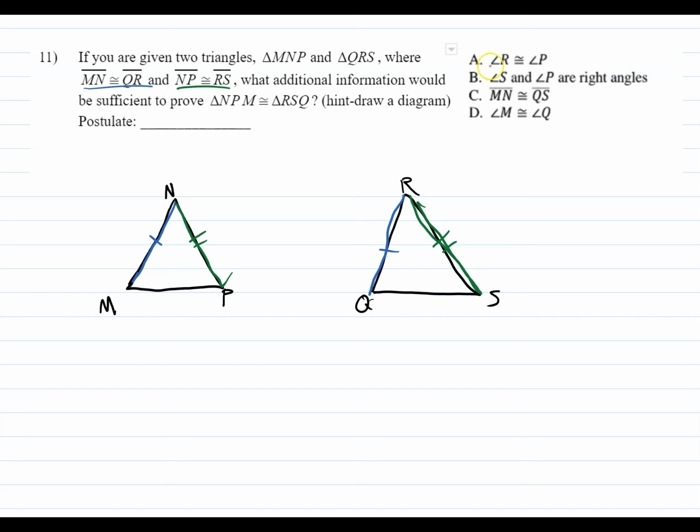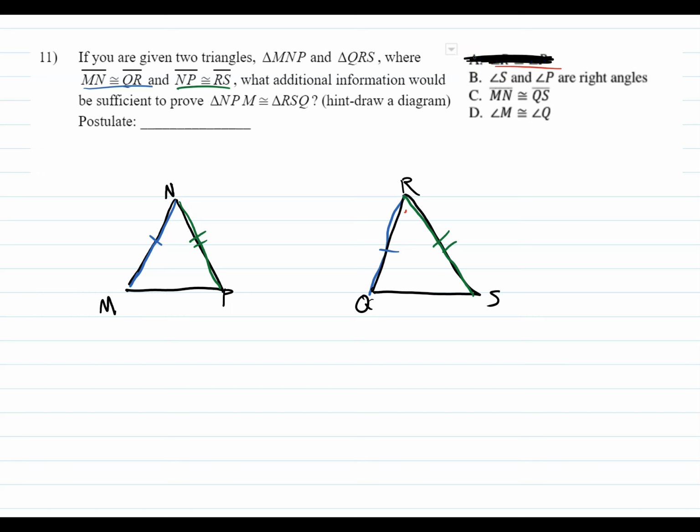And let's try A. What if R and P were the same? So here's R and here's P. Would that help? No, because look at angle R. If angle R and N were the same, that would be helpful. But angle R and P are in different locations. Whoops. So that's not going to help us because the angles are in different spots.